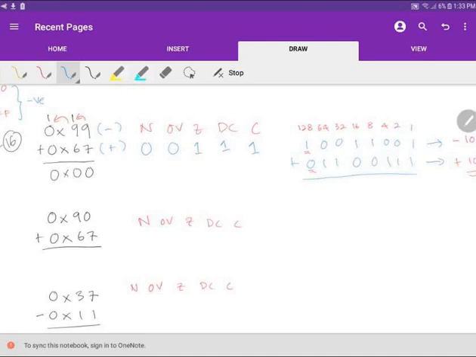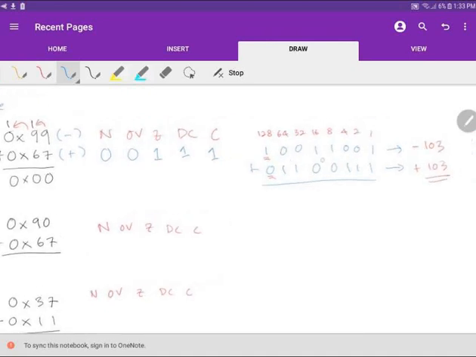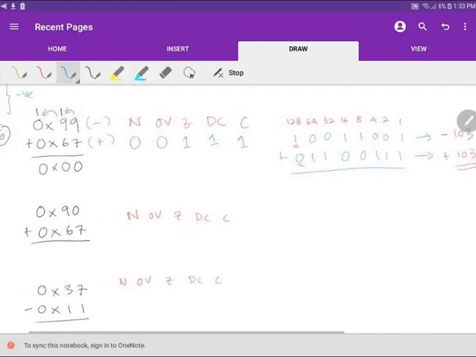The same thing, this 1001, if it's signed, the value is negative 103. If it's unsigned, then 128 plus 16 plus 8 plus 1, and you will get the answer that you say, 153. So just to prevent you all from getting confused, whenever you are doing an arithmetic operation, the numbers are always signed numbers.